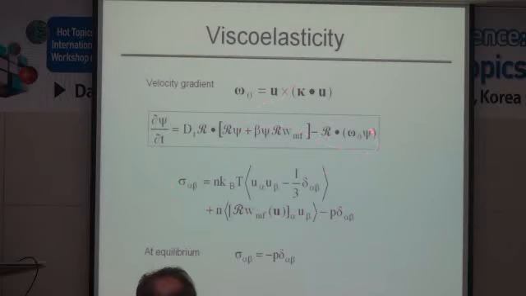This equation describes the time evolution of the rotational distribution function, and if you solve it, you can calculate the stress exhibited by the solution. At equilibrium, of course, this stress tensor becomes isotropic, because it is an isotropic solution.